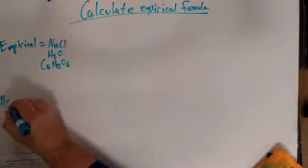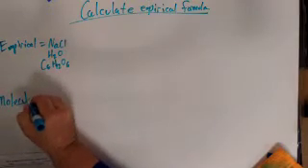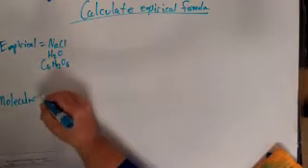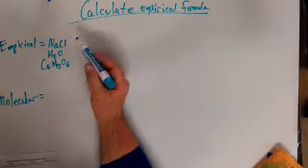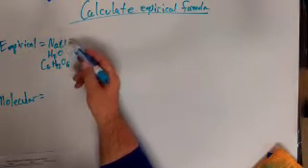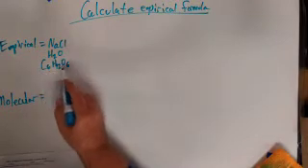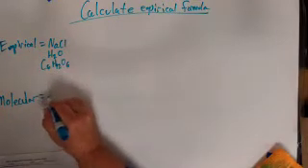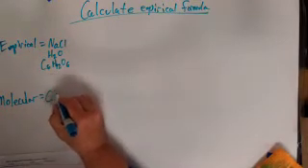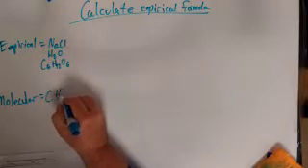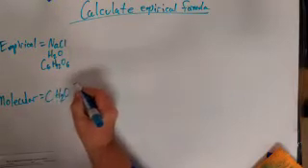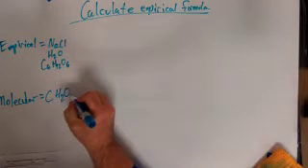A molecular formula, I think of it as being simplified. So for NaCl and H2O, those are already simplified. So that's the empirical and the molecular formula. But for something like C6H12O6, the empirical formula would be CH2O, because it's a 1 to 2 to 1 ratio.